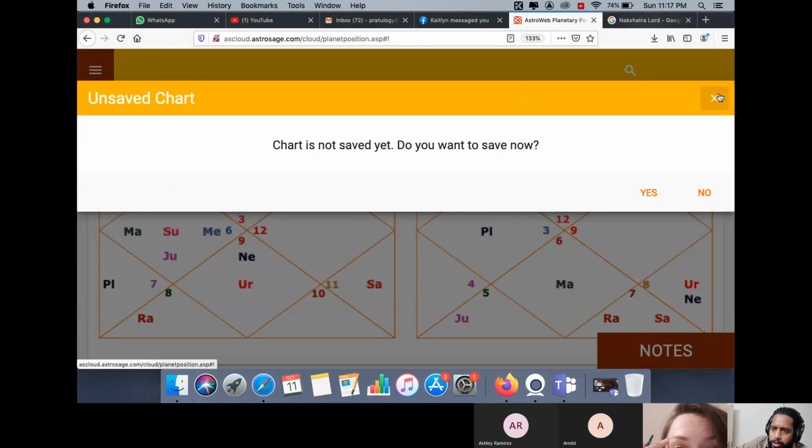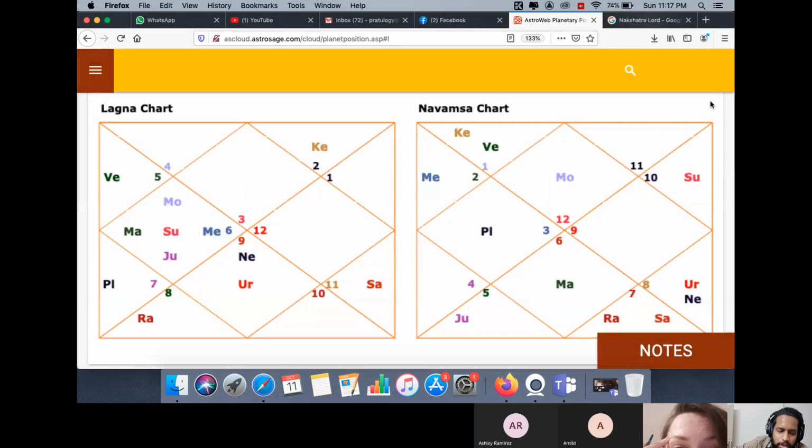Scorpio. Okay. So Arnold or Ashley, can anyone tell me what Scorpio represents? Or Zora, can you tell me what Scorpio represents? Scorpio represents mystery. It represents what else? Transformation.